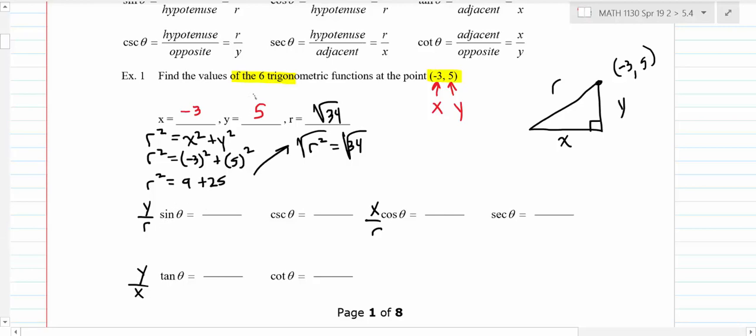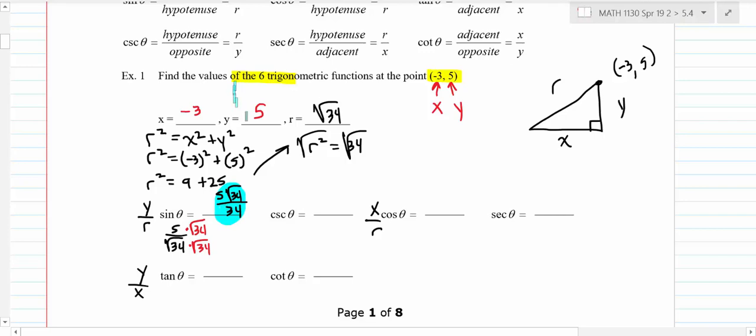So the sine would be 5 over square root of 34. You can rationalize in your head. Students always get to a point where they just start doing that in their head. You don't want square roots in the denominator. We've talked about that. So the answer would be 5 square root of 34 all over 34. So that's what the value of the sine is when you have that particular point.